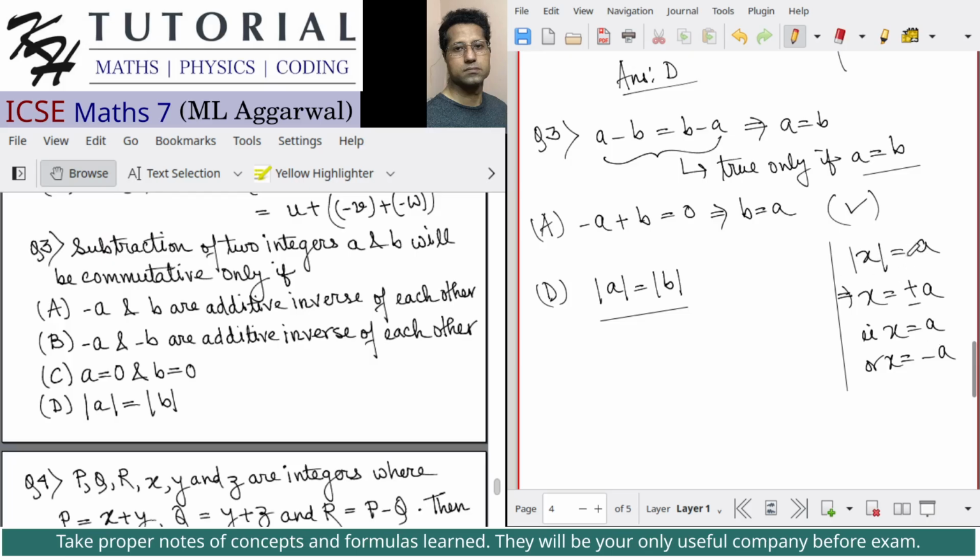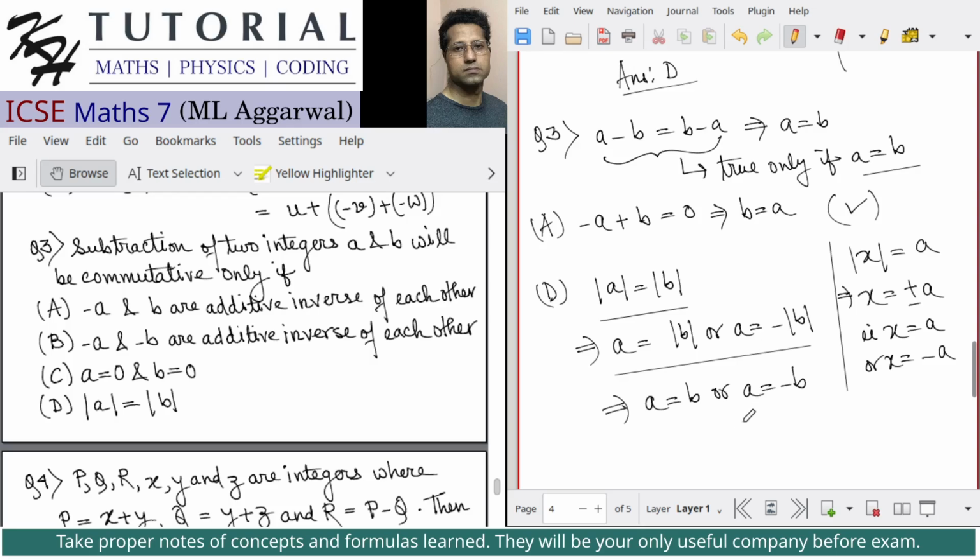So in this problem, absolute value of A is equal to absolute value of B. This will imply that A is equal to absolute value of B, or A is equal to negative of absolute value of B. Absolute value of B is always non-negative, so this implies that A is equal to B, or A is equal to minus B.